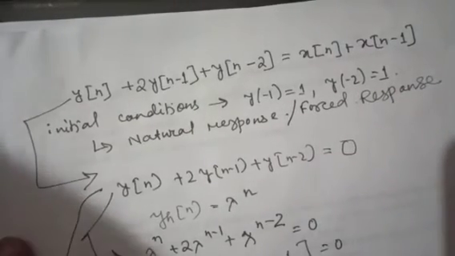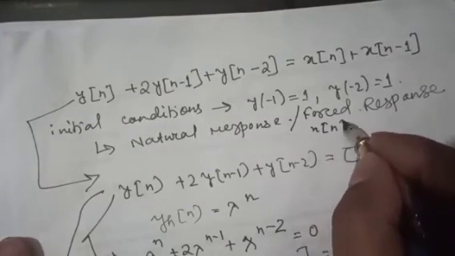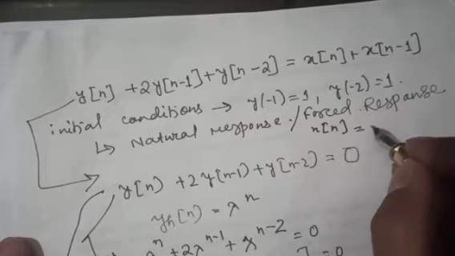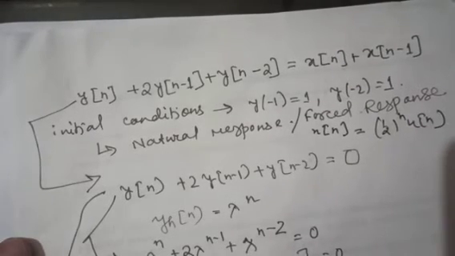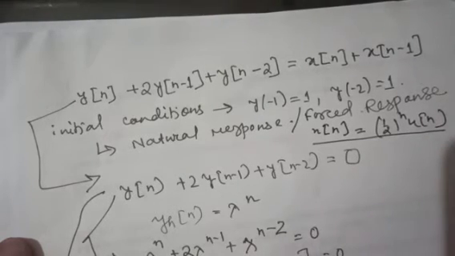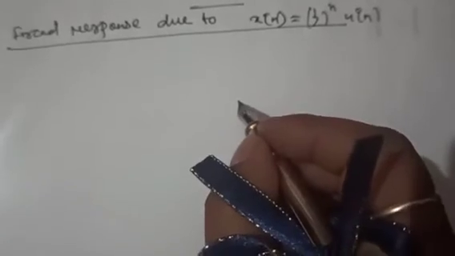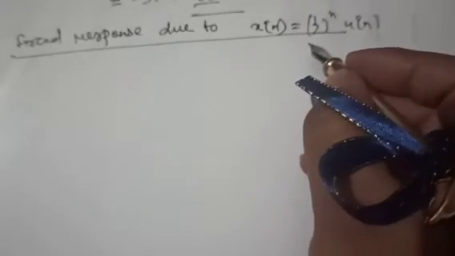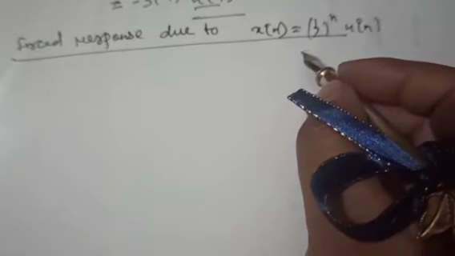Suppose the input is x of n, and x of n is equal to half to the power n u of n. Suppose this is your input given. So for this input only you need to calculate the forced response. So the forced response is due to x of n equal to half to the power n u of n.